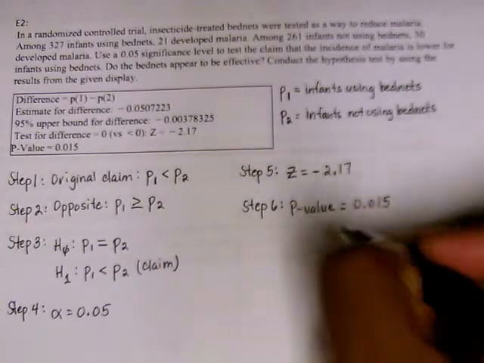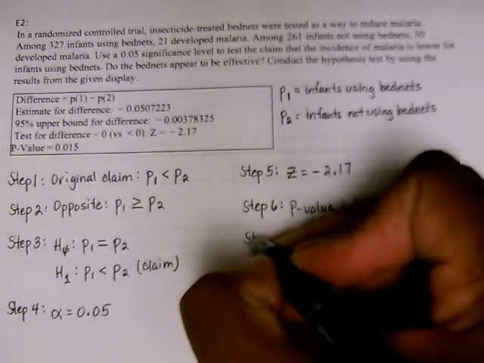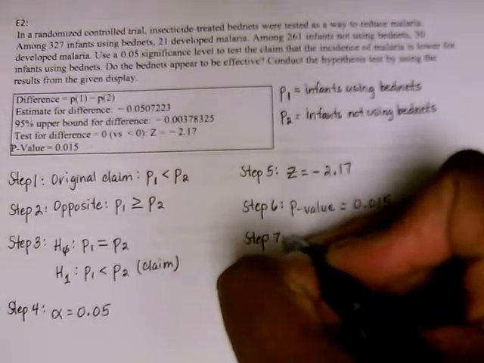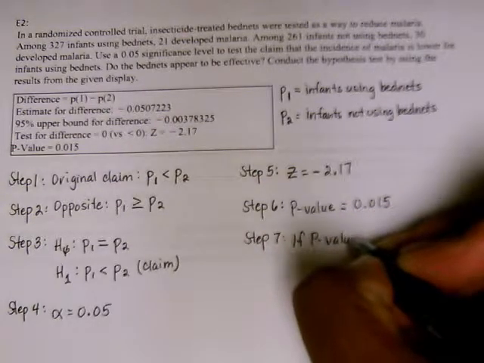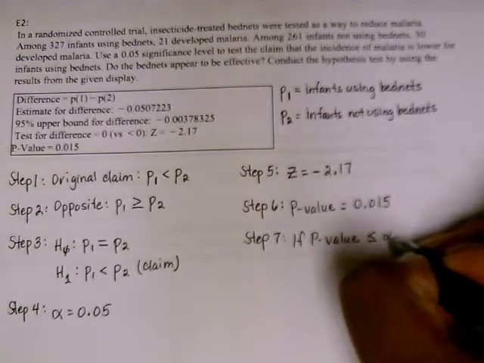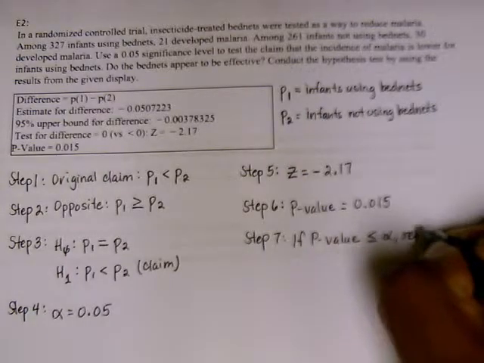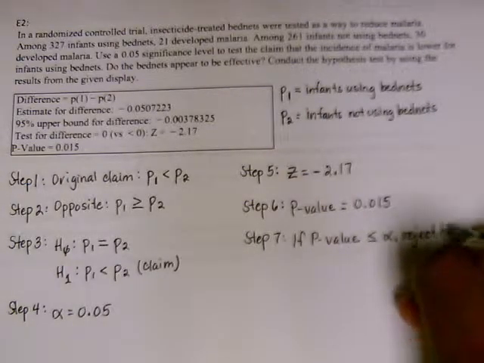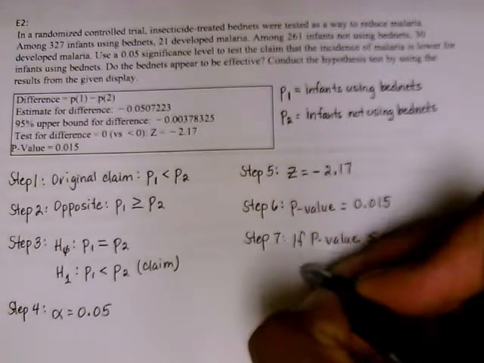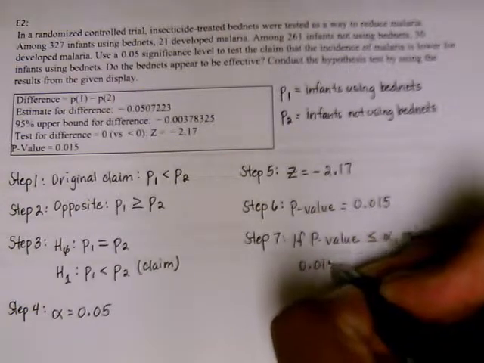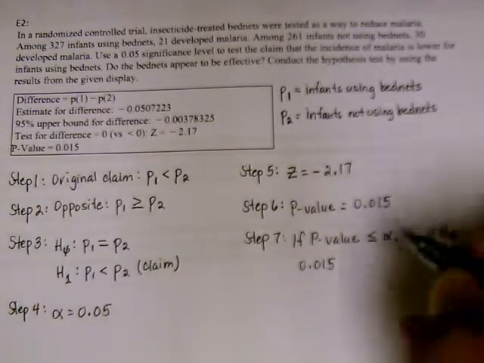Okay. Alright, step number 7 is the decision rule. And that's if your p-value is less than or equal to alpha, reject the null hypothesis. Otherwise, you're going to fail to reject the null hypothesis. Your p-value is going to be 0.015. That's given to us. Your alpha level is 0.05.